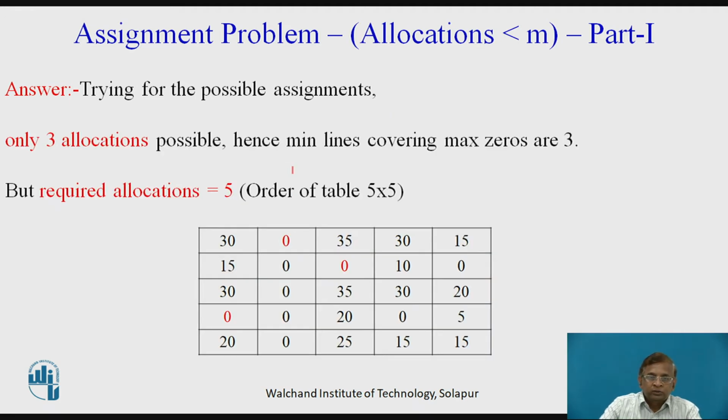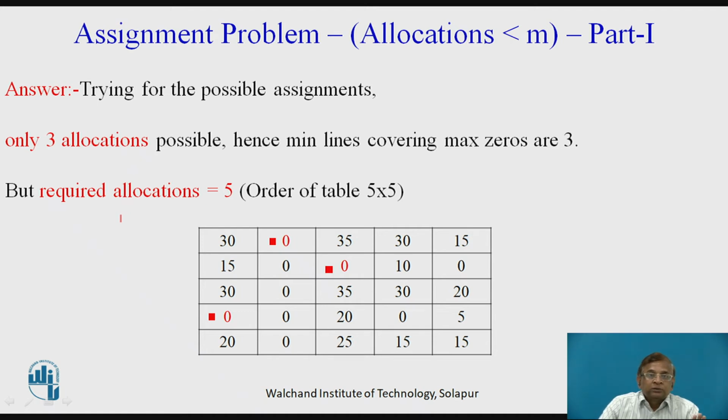Now coming to this, as we have discussed earlier, we are having 3 allocations, and those zeros are put up in red color in this particular table, and I again put some red mark here for highlighting it. And these are the 3 allocations. Remember, all the zeros are considered either for allocation or cross out, and we get only 3 zeros.